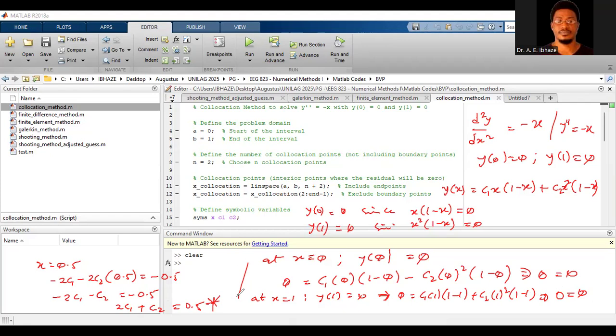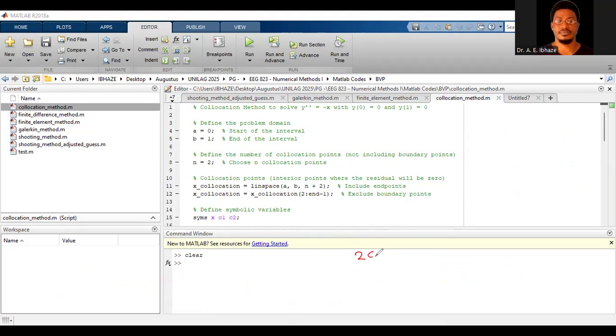Since the only condition for C1 and C2 is the one from the collocation point 0.5, we can solve by making an assumption. We have 2C1 plus C2 equal to 0.5. If we assume C1 is the same as 0, then C2 is the same as 0.5.